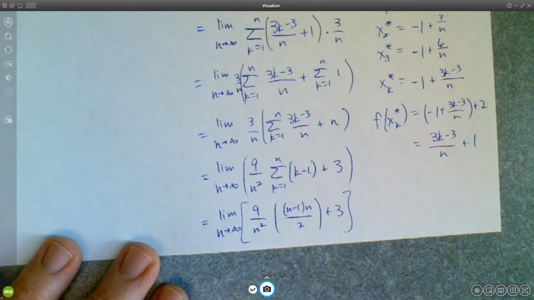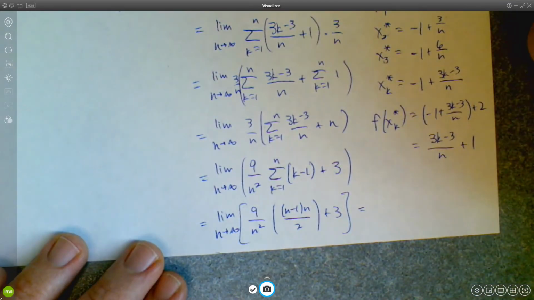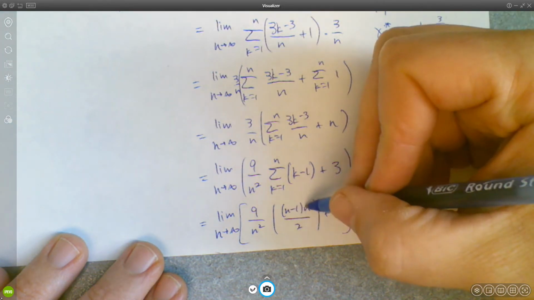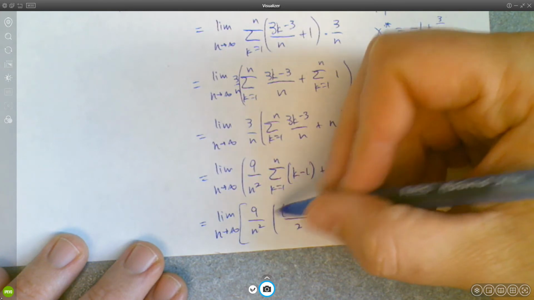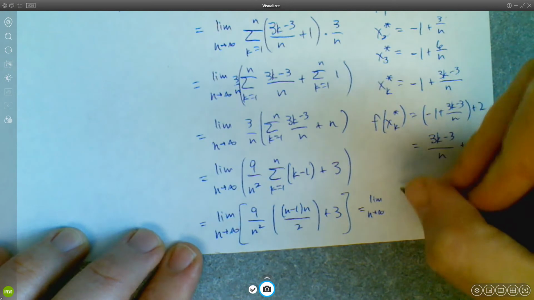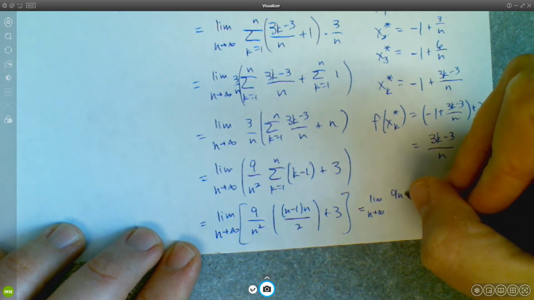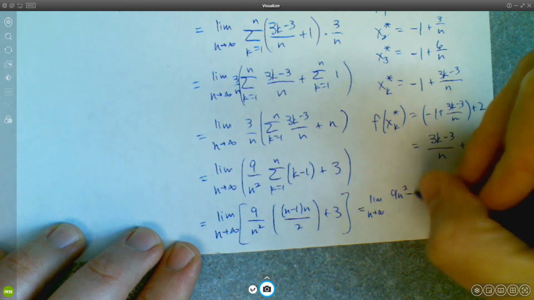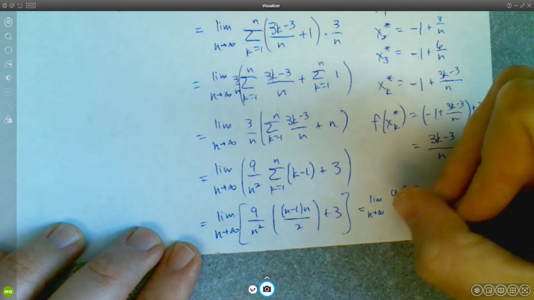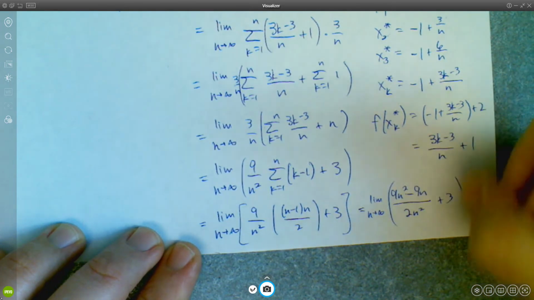Well, anyway, what do we get? Here we're going to get n squared minus n times 9, so it's the limit as n approaches infinity of 9n squared minus 9n over 2n squared, plus 3.